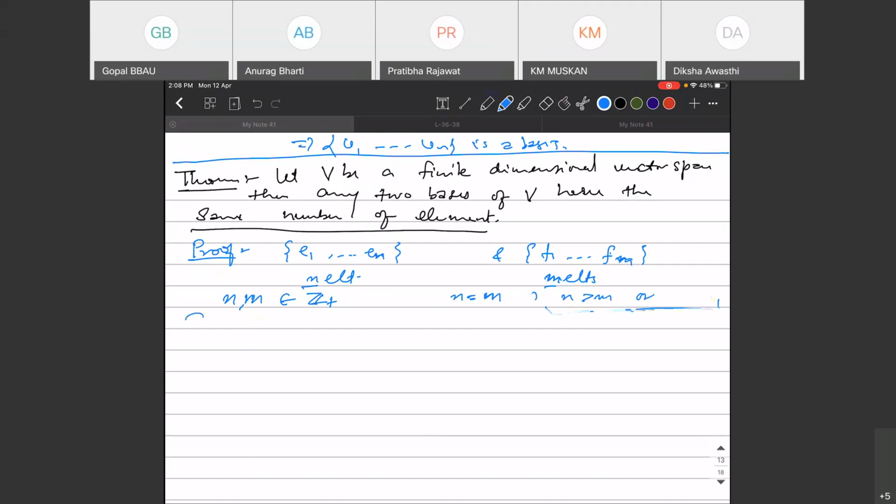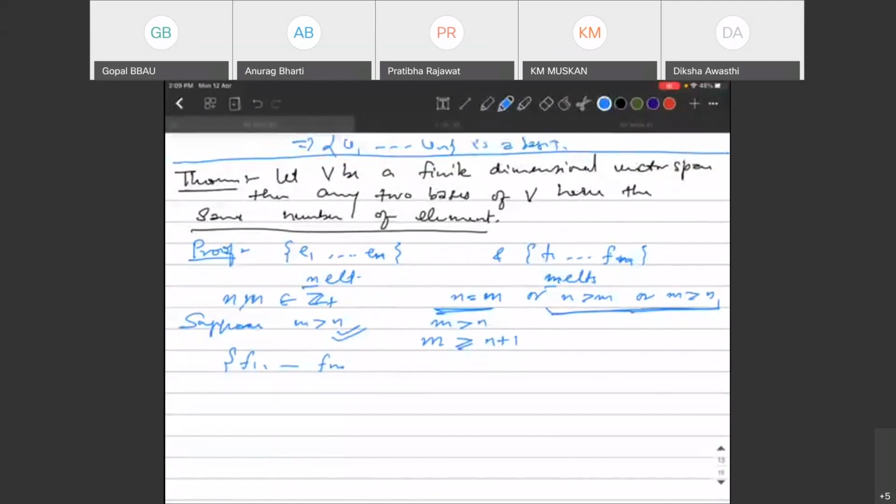Okay, then suppose m is greater than n. Correct? So m is greater than n means, this part we have already done. How? See, m is greater than n. This means m is greater than or equal to n plus 1. So {f1, f2, ..., fm}, the cardinality of this set is greater than or equal to n plus 1.